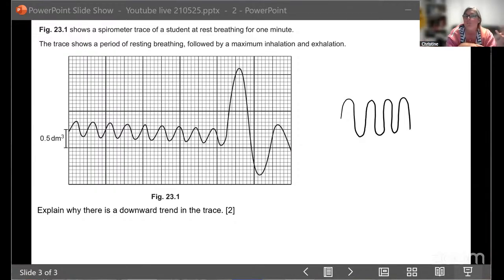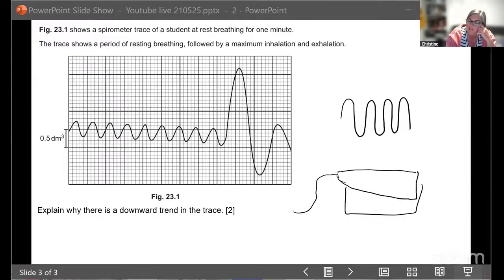In the old style way of doing it, what you actually had was a chamber of water, and a piece of equipment attached to that chamber of water, attached to the breathing tube, which was then linked to the person, who had a mouthpiece and was breathing in and out. And what was happening is that was going up and down.